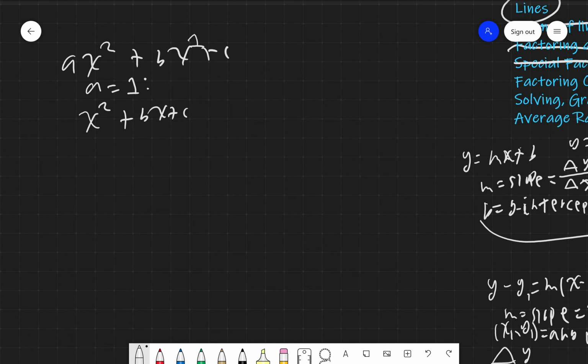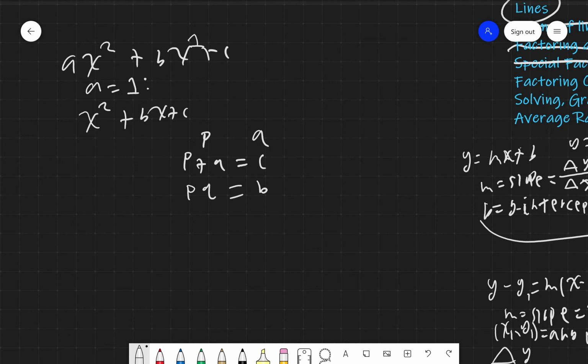Now what we do is we find two numbers, p and q, such that p plus q equals b and pq equals c. So find two numbers that satisfy these equations. This is a system of equations, but they're not linear, so you don't know how to solve them yet. And if you do substitution, you're going to end up with another quadratic, and that's not going to be helpful at all. So you really just have to guess and check.